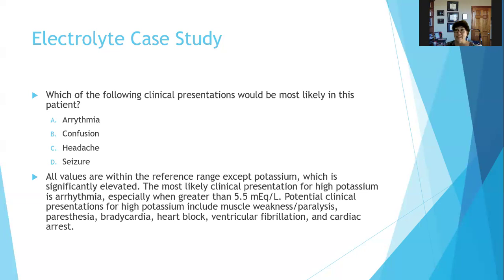Paresthesias, which is that pins and needles feeling in your hands and feet. Bradycardia, slow heart rate. Heart block, where you're not getting the conduction going right. Ventricular fibrillation, which is about the most dangerous arrhythmia. It can kill you. And cardiac arrest because of the ventricular fibrillation, likely.